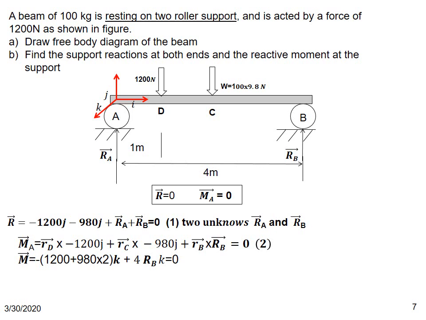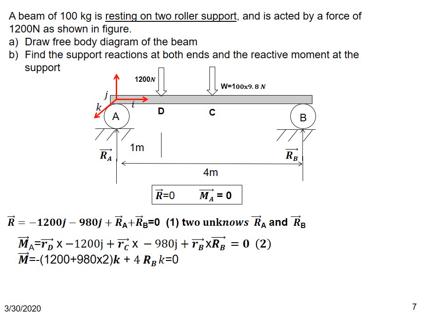In order to do that, we use the second equation, the moment of all forces about point A equal to 0. So we have rD, which is 1i, cross 1200 Newton, which is acting at D, plus rC.